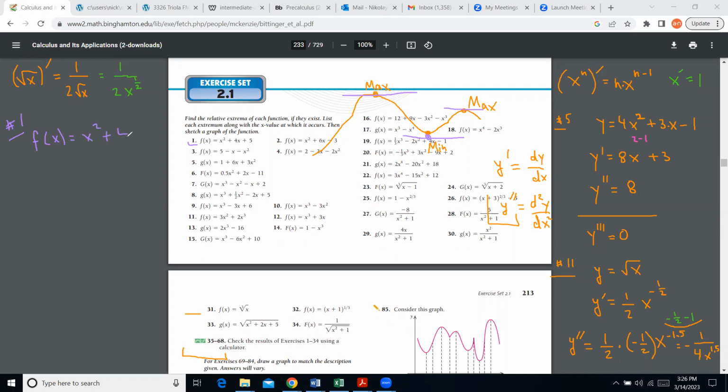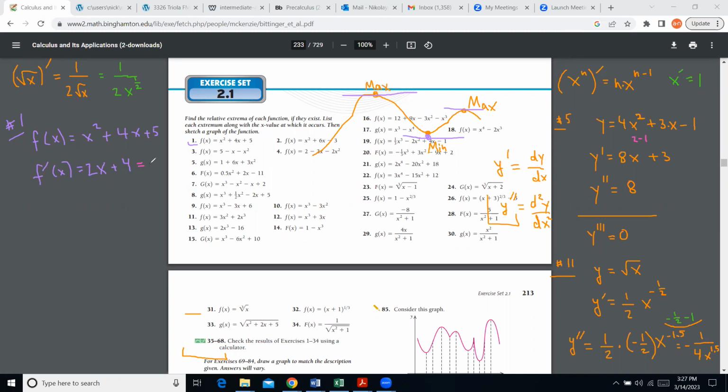So we can actually take derivative, and this will be f prime. And what is this? It's going to be 2x, right? For the x squared, 2x to the first power, plus, and then derivative of x is 1, so it's just plus number 4. So I need to set this equal to 0.